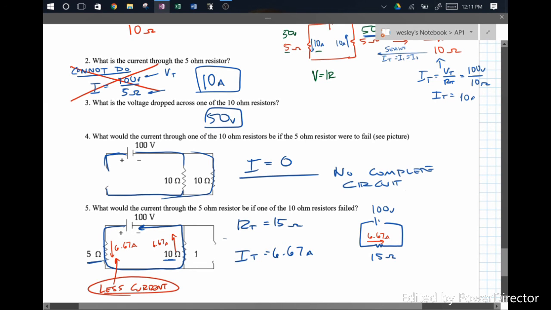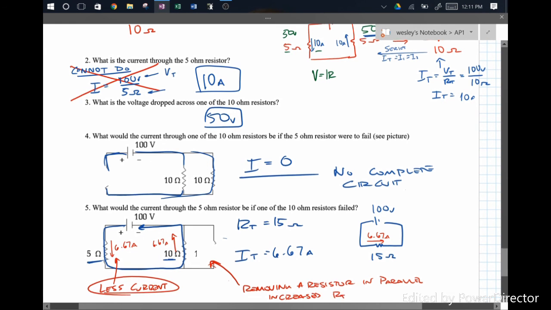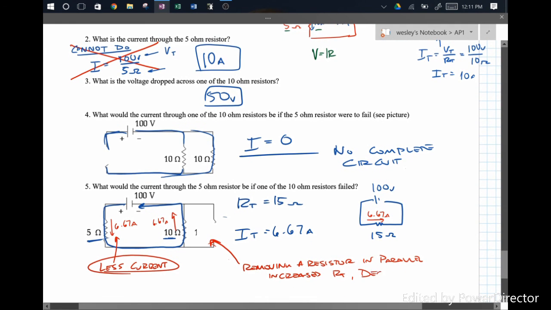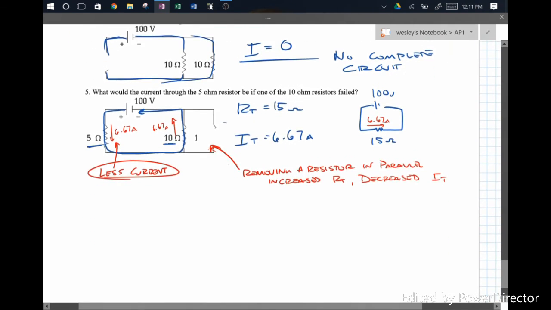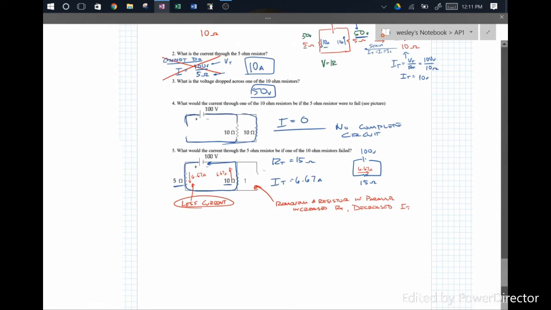I have less current there because removing a resistor in parallel increased the total resistance, which decreased the total current. All right, that is our review.